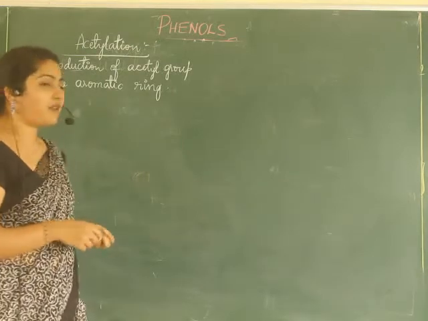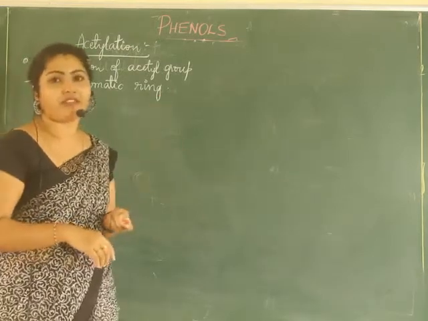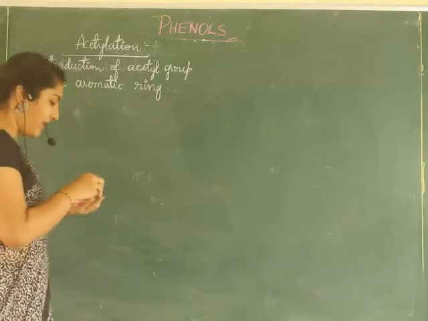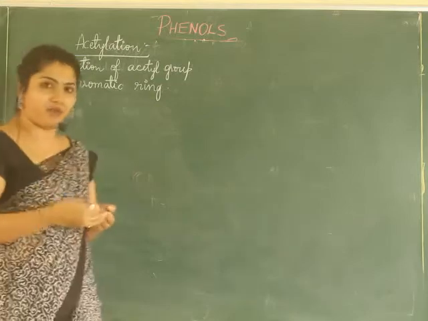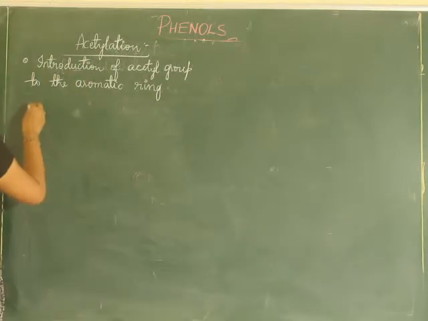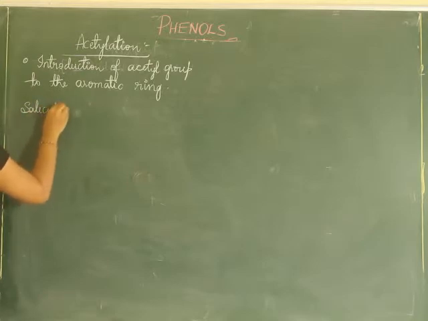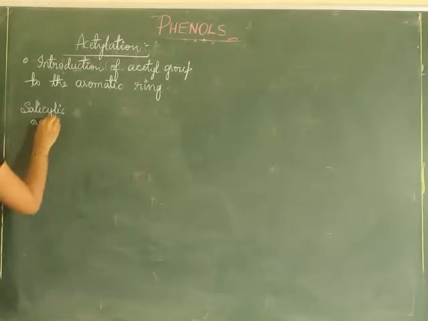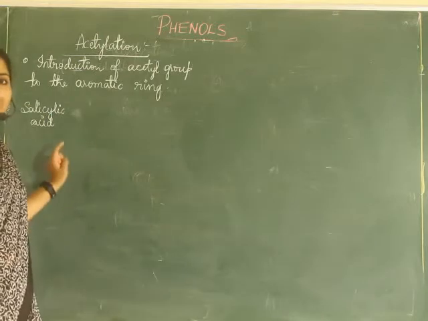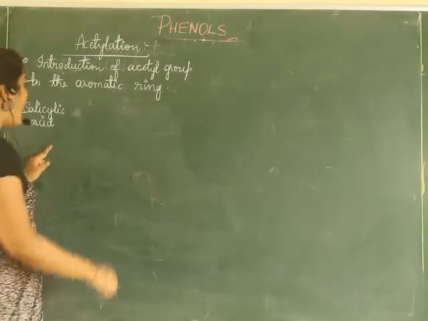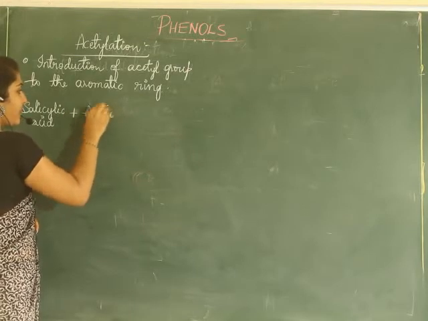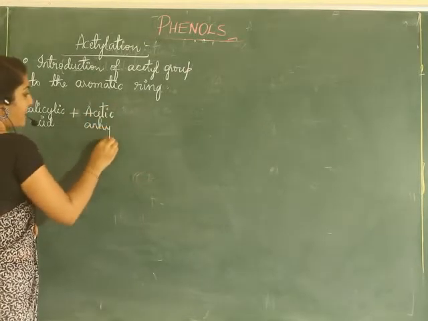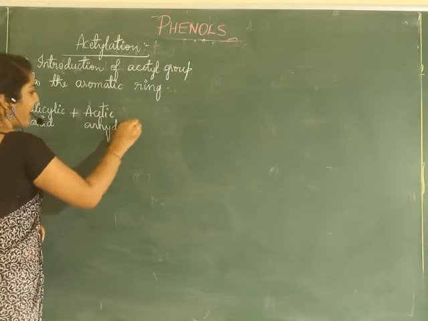So how is aspirin prepared? By acetylation of phenols. A derivative of phenol is taken, which is called salicylic acid. I am writing a general one to make you understand. Salicylic acid is taken along with acetic anhydride, or say acetyl anhydride.